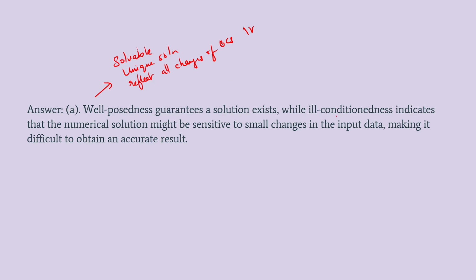Ill-conditionedness says that there is difficulty in attaining the solution, because there is something called the condition number.